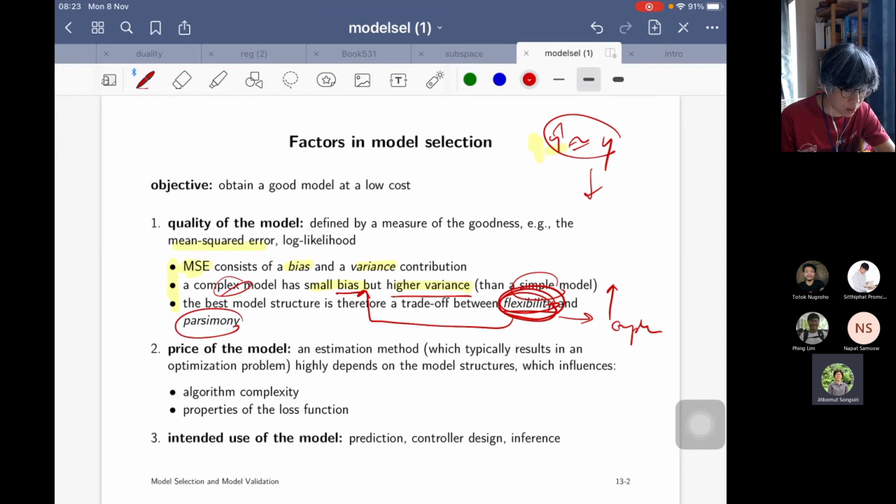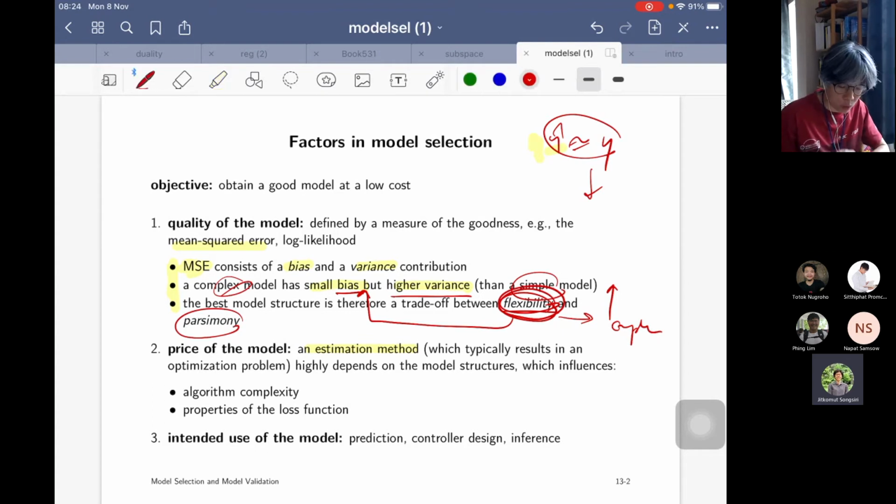The second aspect is to look at the price in terms of the effort of estimation, in terms of computational effort. As you have seen when we talked about estimation methods, sometimes a method implicitly assumes a model structure. For example, of course, the subspace method is applicable to state space equations.